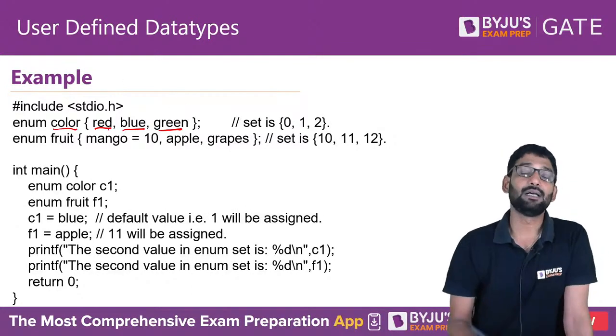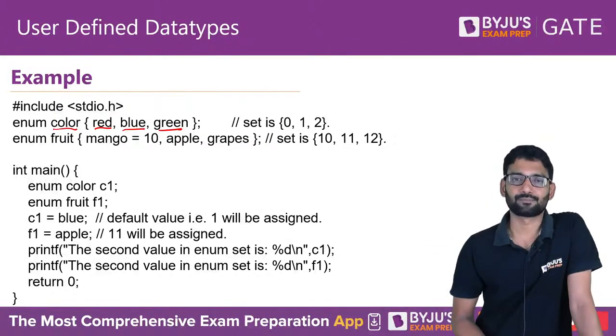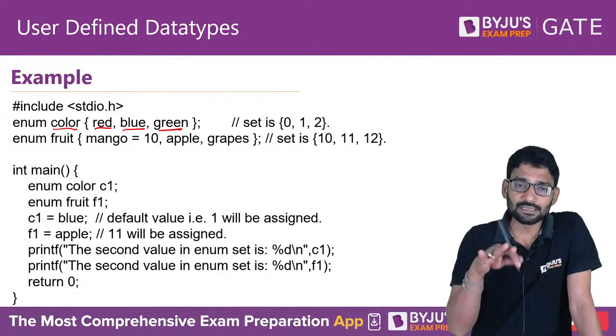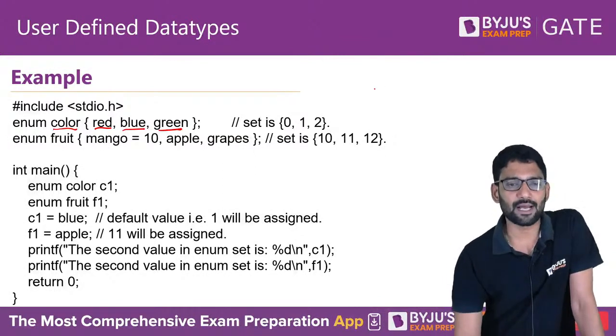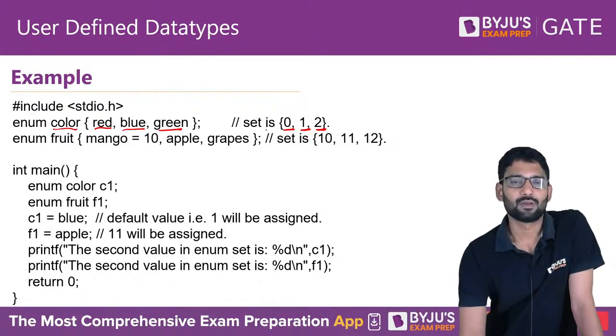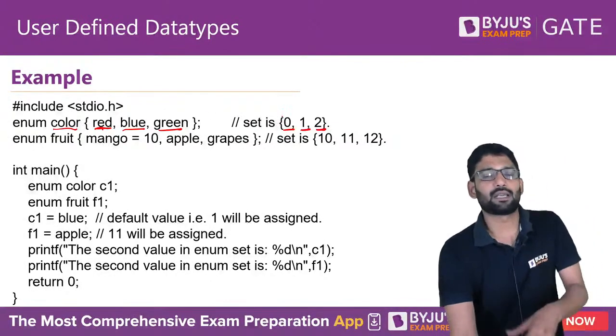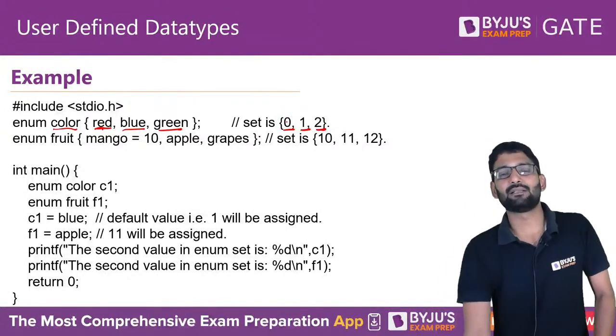So these are the literals I have used, means names. For these values I am trying to give 0, 1, 2. Red by default takes the value 0, blue takes the value 1, green takes the value 2.